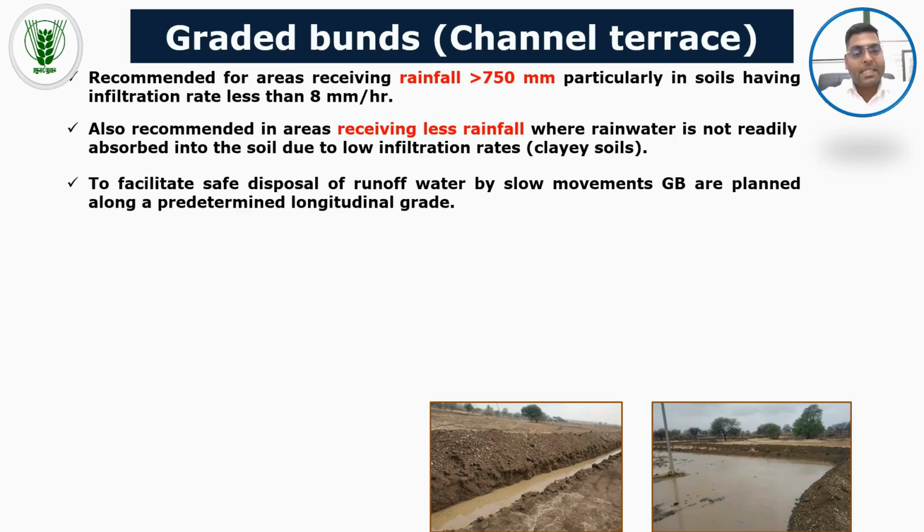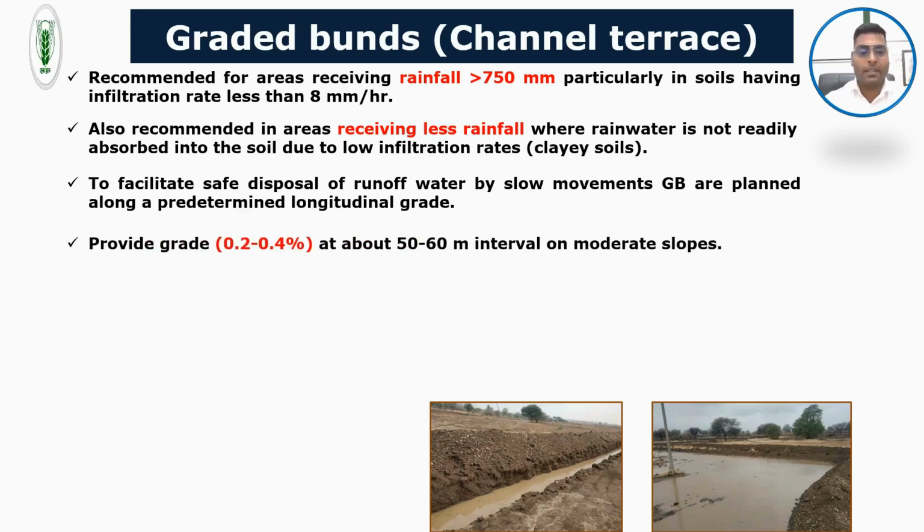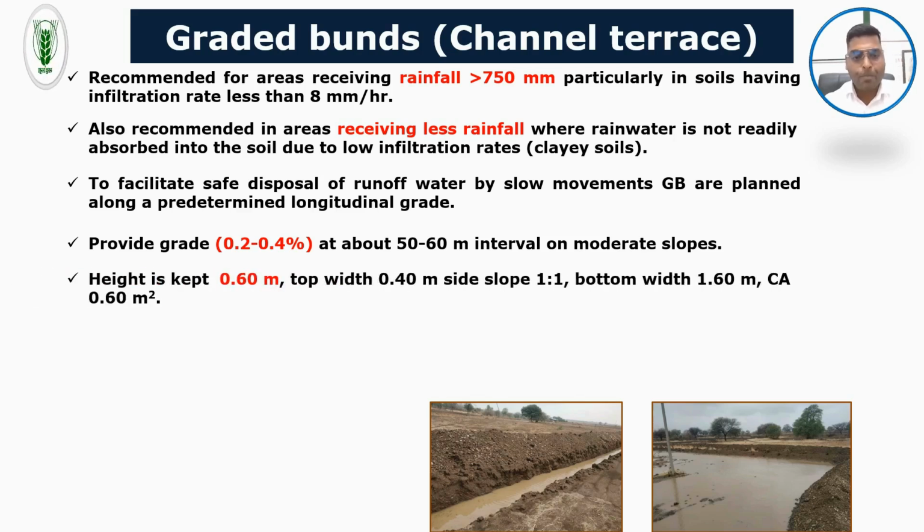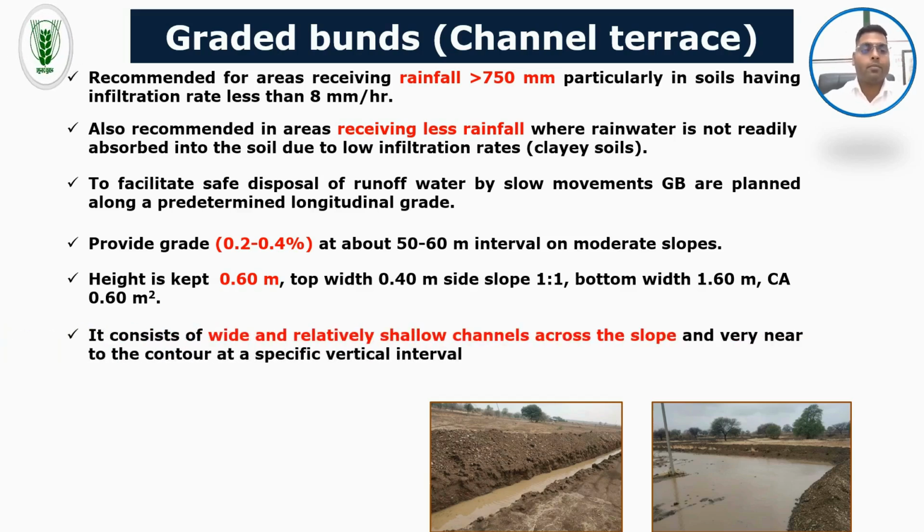To facilitate safe disposal of runoff water by slow movement, graded bunds are planned along a predetermined longitudinal grade. In graded bunds, normally 0.2 to 0.4% grade is provided at about 50 to 60 meter interval on moderate slope, and normally the height of graded bund is kept up to 0.6 meter, and the cross sectional area is kept up to 0.6 meter square.